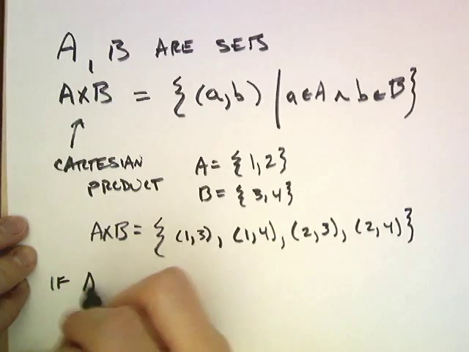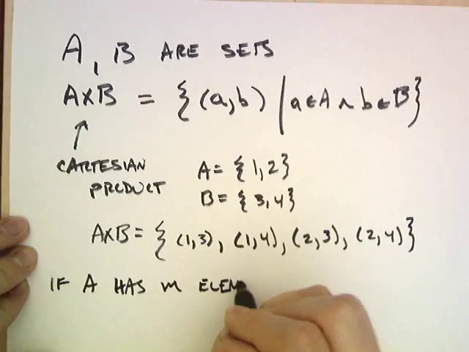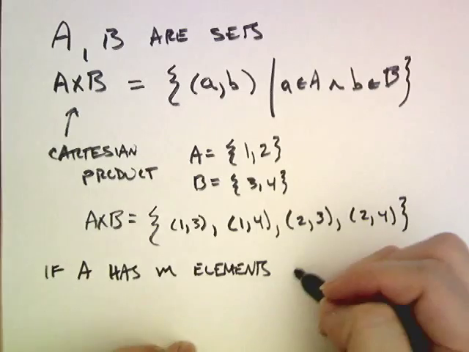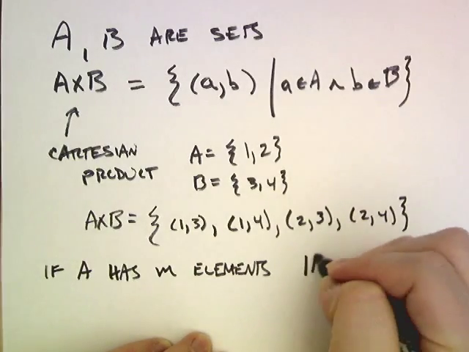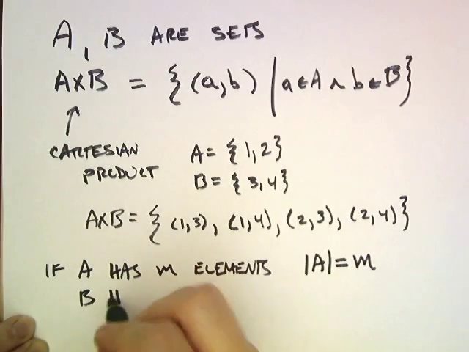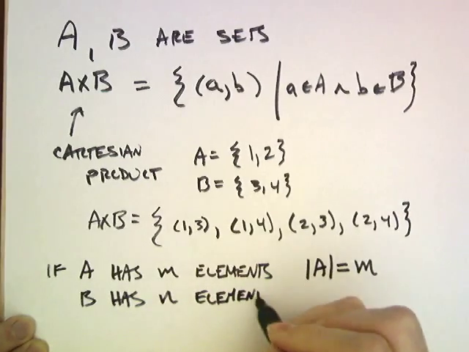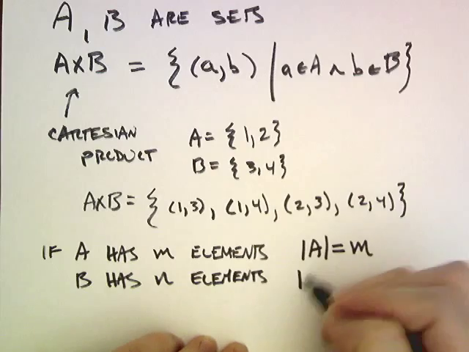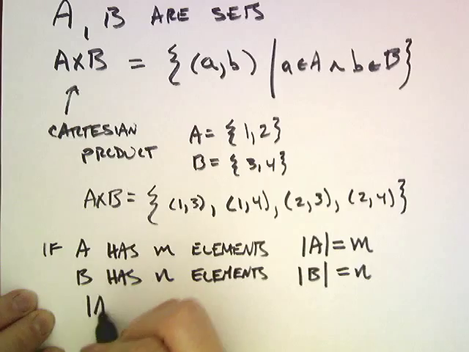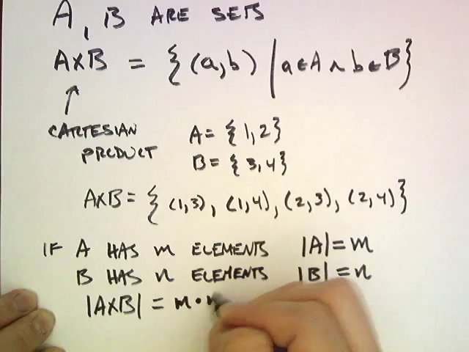So if A has m elements, we write that the size of A equals m, and B has n elements, we write the size of B is n, then the size of A cross B is also equal to m times n.